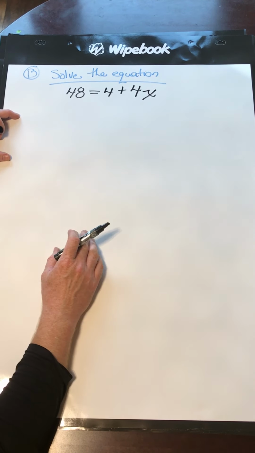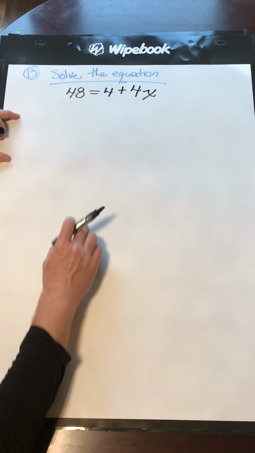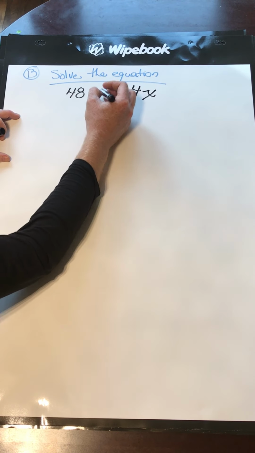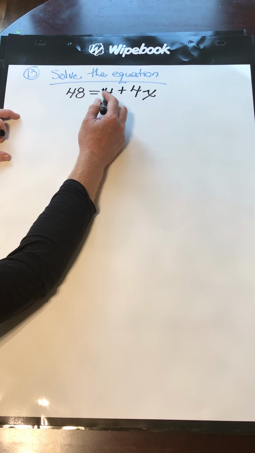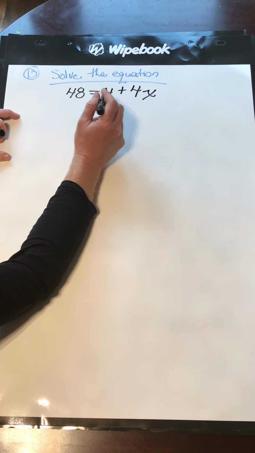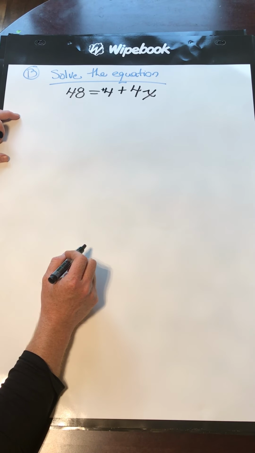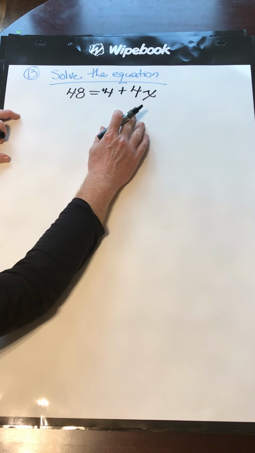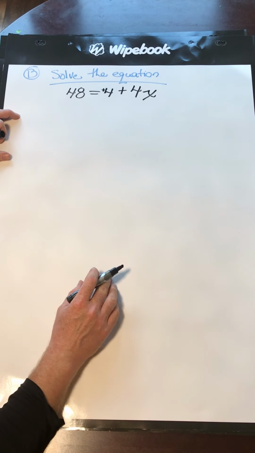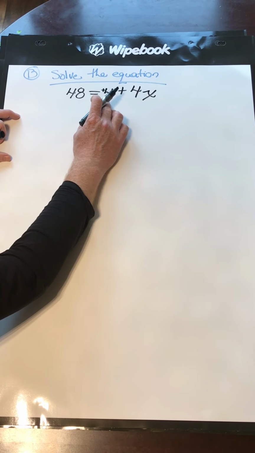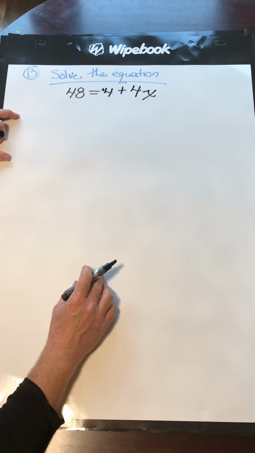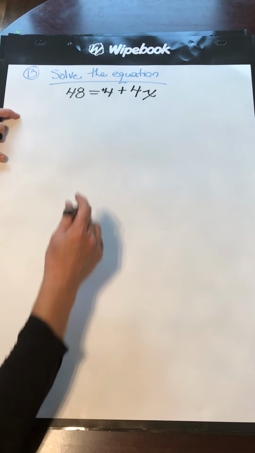And how do I isolate the variables on the right side? Well, I need to remove this positive 4x. Okay, if there's no negative sign there, it's just the integer, it's assumed that it is positive. And how am I going to remove this positive 4x on the right side? Well, I am going to do the inverse or opposite operation, which is the same as making a zero pair. And the inverse of positive 4 is negative 4. So I'm going to subtract 4 from the right side.